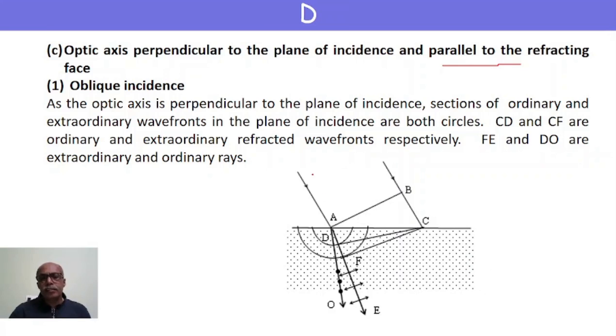Again, this is the case of oblique incidence. AB is my plane incident wavefront. CD is the ordinary refracted wavefront. CF is the extraordinary refracted wavefront. AO is the ordinary ray. AE is the extraordinary ray. So I can clearly see the double refraction.